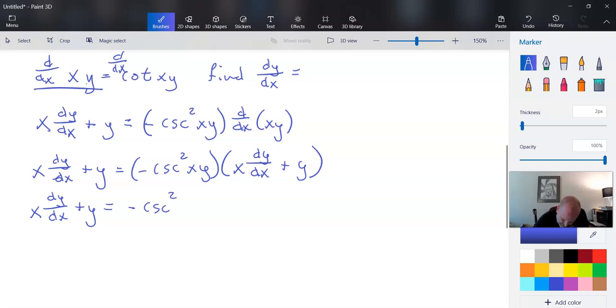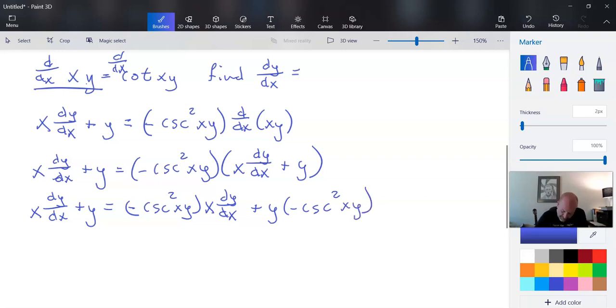Negative cosecant squared xy times x dy dx. And then the next one would be plus y times negative cosecant squared xy.